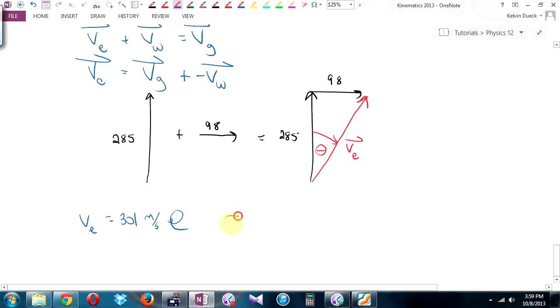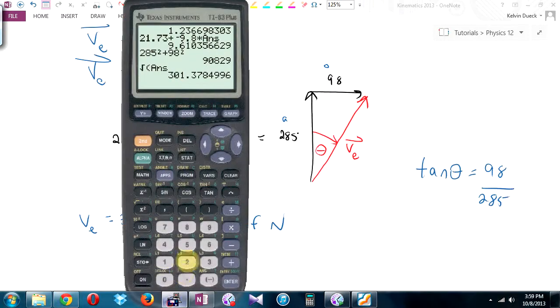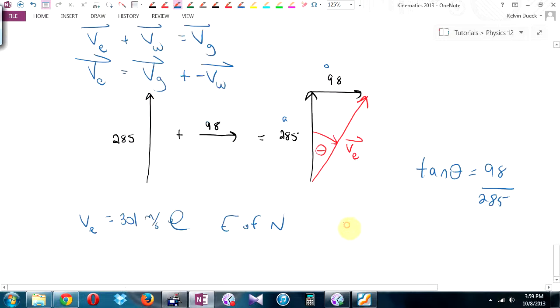So east of north. And the theta is going to be, once again, tangent inverse, 19.0 degrees.